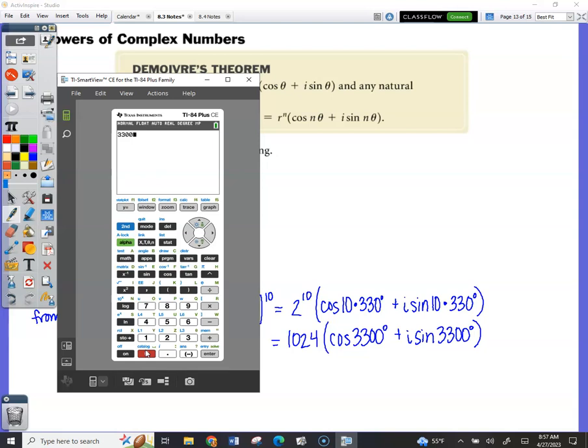So what you could do is, you could say, what is 3,300 divided by 360? And you see that it can go 9 complete times. So now I'm going to do 3,300, sorry, minus 9 times 360.